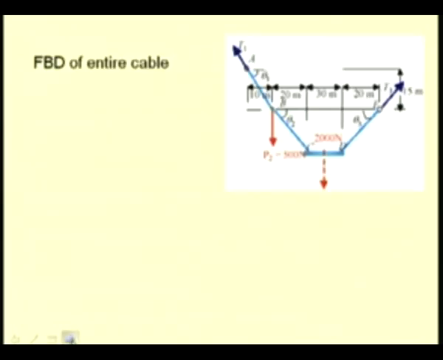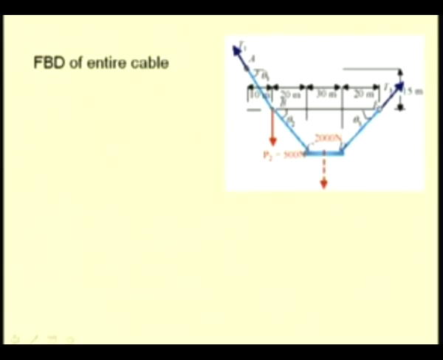Now, let us draw the free body diagram of the complete cable. So, this figure shows the free body diagram of the complete cable. So, at E we have this end reaction, which is equal and opposite to the tension that occurs in this portion DE, that is T3. So, that is what the end reaction has been marked as T3 in the opposite direction.